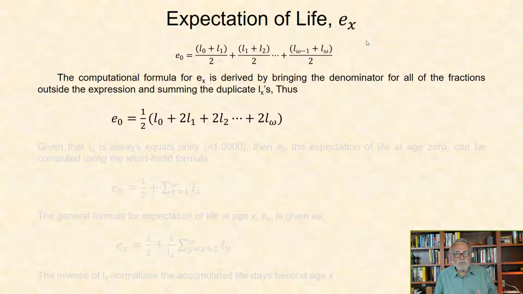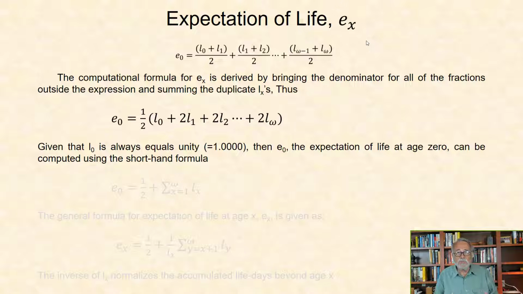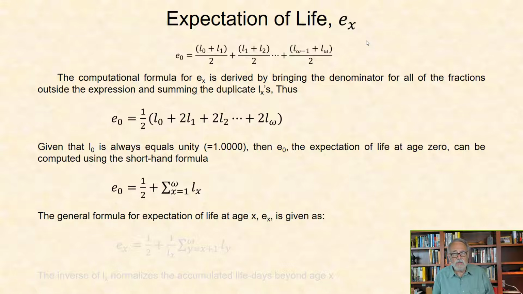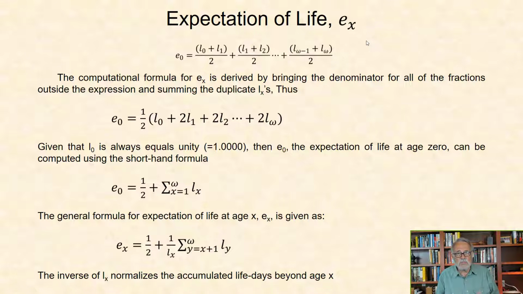Since the value of l0 equals 1, then the product of this and 0.5 is in fact 0.5. The coefficients equaling 2 fall out, so the expectation of life at age 0 can be computed using the shorthand formula given here.